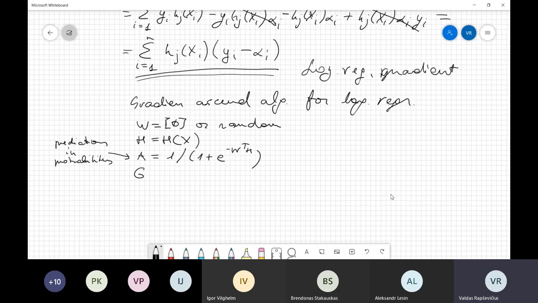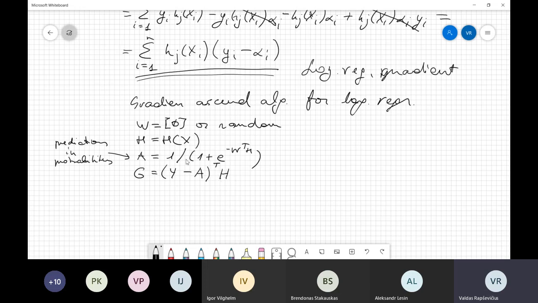And now the gradient equals the vector of actual classes minus predictions, right? Just like we had here. And we have this vector, then we can do the transpose and multiply by the feature matrix.